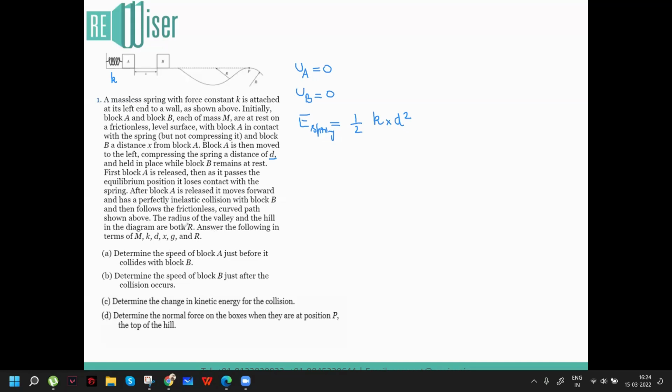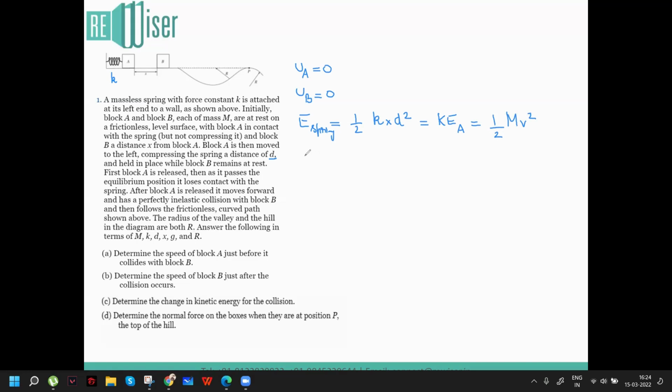Moving on, answer the following in terms of capital M, small k, d, x, small g, and capital R. Question A asks us to determine the speed of the block just before it collides with block B. The speed of the block can be found out by equating the energy of the spring to the kinetic energy of body A, which is equal to half capital M into V square.